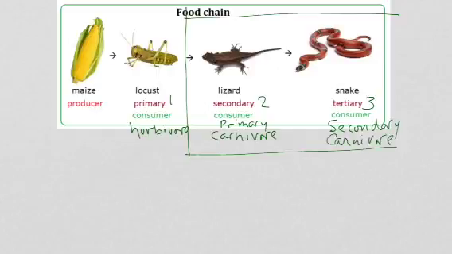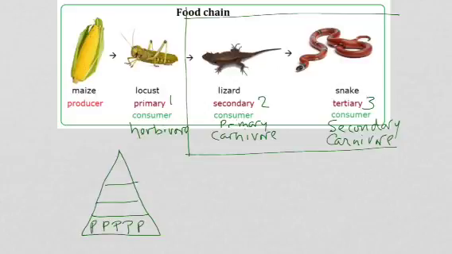Now, we talked in class already about the fact that food chains can be shown in the form of a pyramid, an energy pyramid, where we always have our producers at the bottom, and we know that there are many, many, many producers.